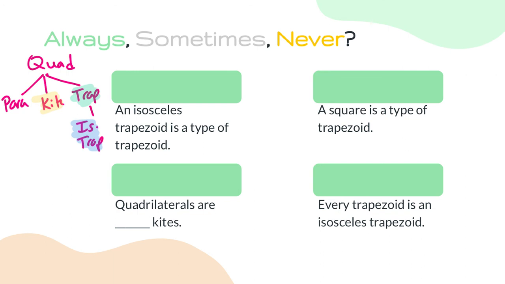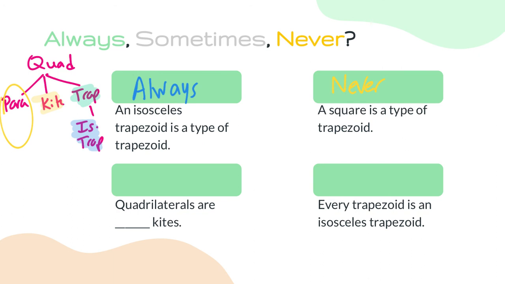An isosceles trapezoid is a type of trapezoid. That is always the case. You cannot have an isosceles trapezoid unless it has that property of a trapezoid that says opposite sides are parallel. A square is a type of trapezoid. That is never true. There is no way that I can have a square, which exists all the way over here in parallelogram land, with the trapezoid. So that will never be the case.